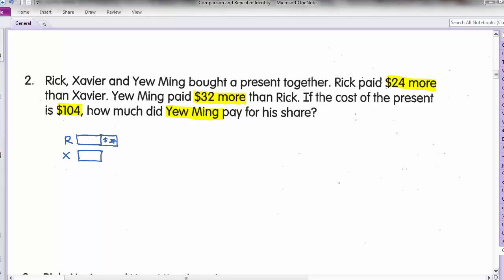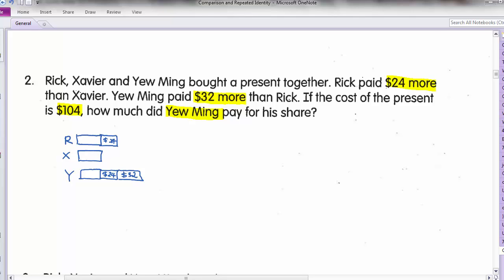So I have Yumin now. That means whatever Rick has, Yumin has also. So this 1 unit Yumin has, this $24 Yumin has as well. Don't forget that, because whatever Rick has, Yumin has, but he has his own $32 more.